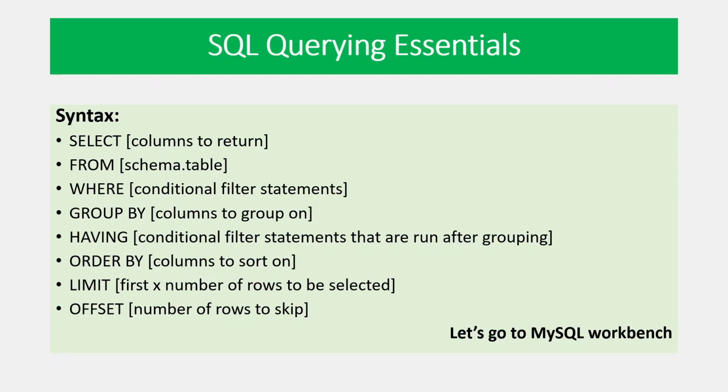I'll show you live in the MySQL workbench, but for now, just understand the syntax so that when we start writing SQL queries, it will be easy for you. Okay, it always starts with select statement, then you'll have from, then you'll have where if we want to filter anything, followed by group by, then having, order by, limit, and offset. Okay, now let's go to MySQL workbench and start writing some code.